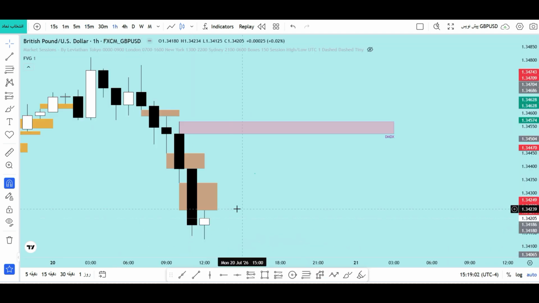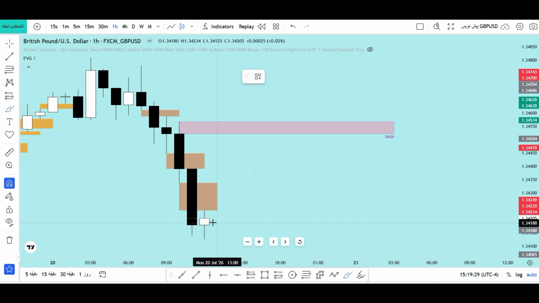This is my second example and why I entered this position. Let's see together. As you see here, we have a DMD1, same as the previous example. We have an FVG and price just has 2 candles separate from the area, no longer.